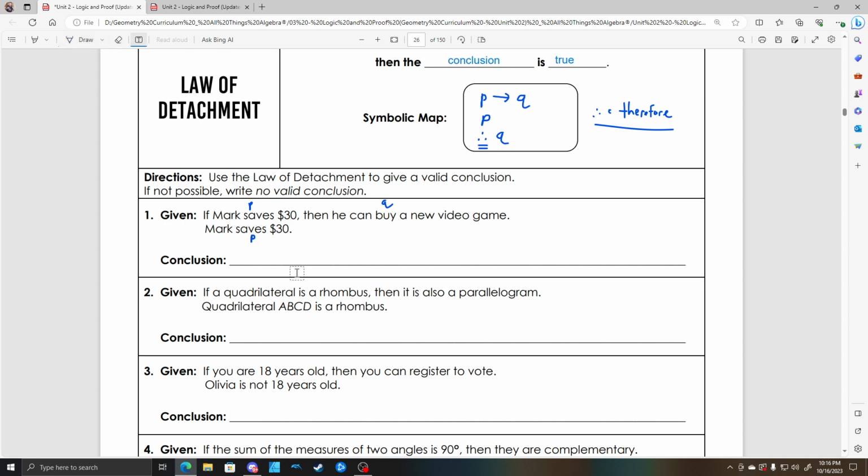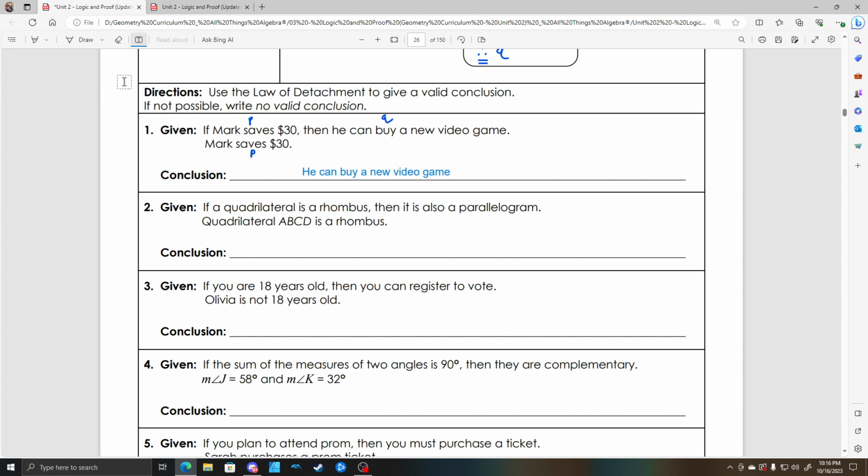I'm going to type it so that you can read it. He can buy a new video game. Good for him, hopefully it's a fun one. You see how this works. If P then Q, we know that P exists, therefore Q will also exist. So all we really have to do is rewrite Q. Let's do another one.